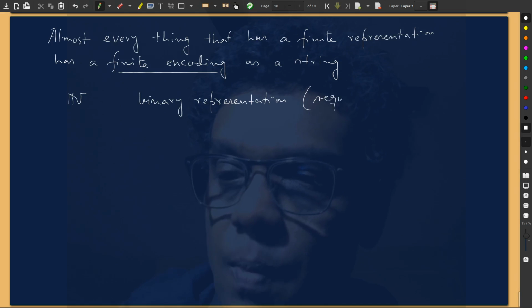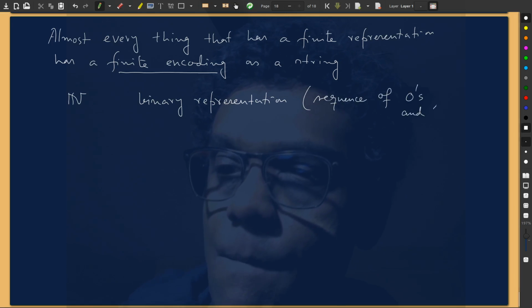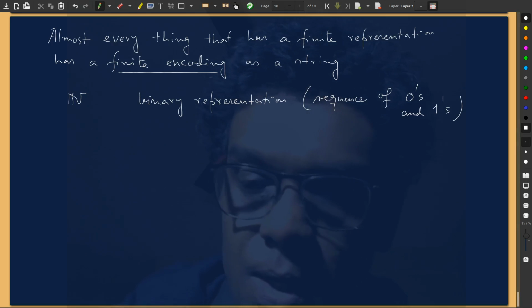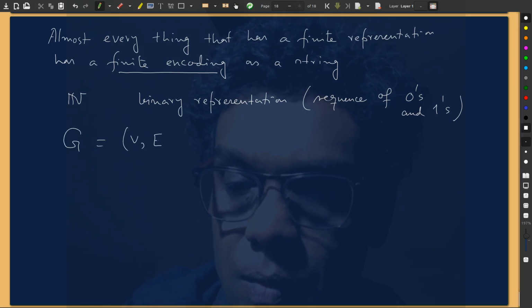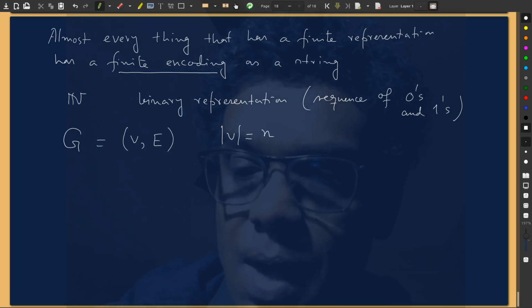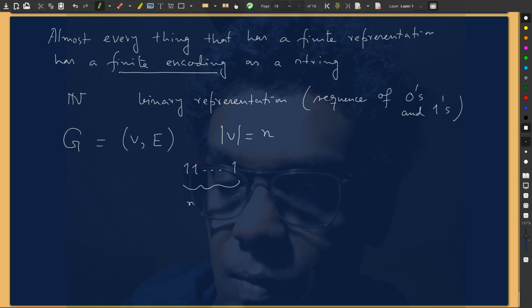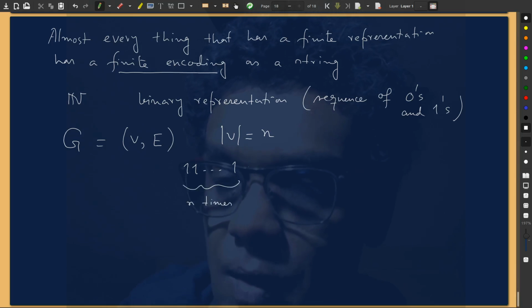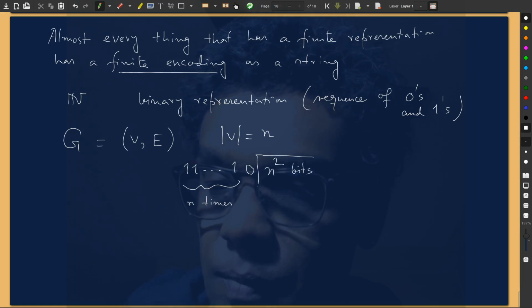Again, if I look at a graph G with V equal to n vertices, then I can simply have 1 repeated n times, followed by 0, followed by n squared bits.